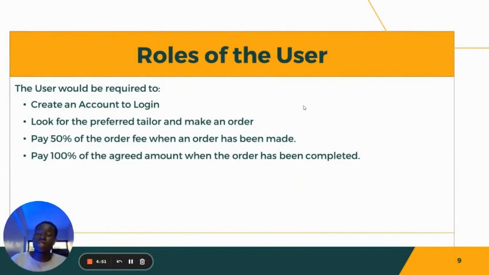Some tailors do men's clothes only, some women's clothes only, and some do both. So it's up to the customer, for whatever reasons, to go through these preferences. And some could be location.